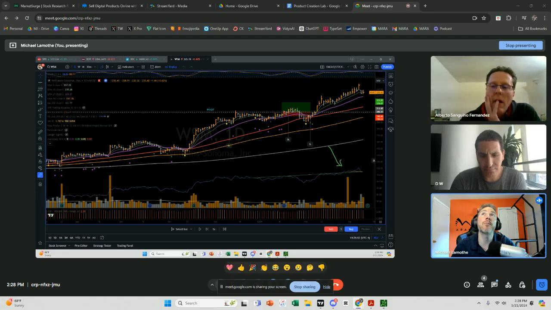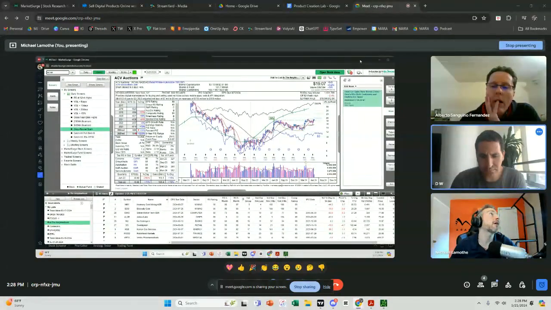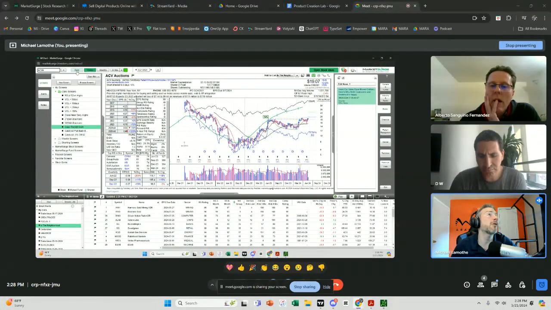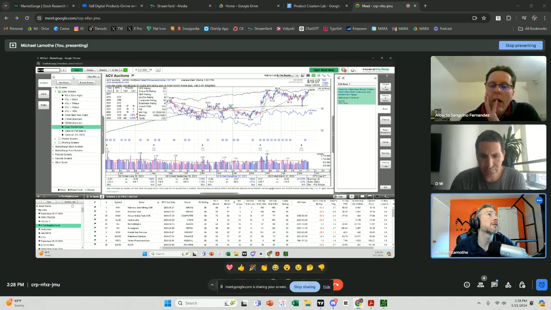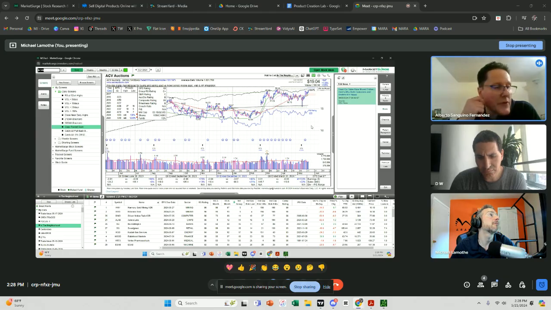I saw the question, but when I look at volume in MarketSurge, I go to, were you looking at it on a daily chart? I can't recall because it's been ages since I last used MarketSmith, Surge, whatever you want to call it. But there used to be a volume indicator at the top right which told you how much above or below the average it was for the day.